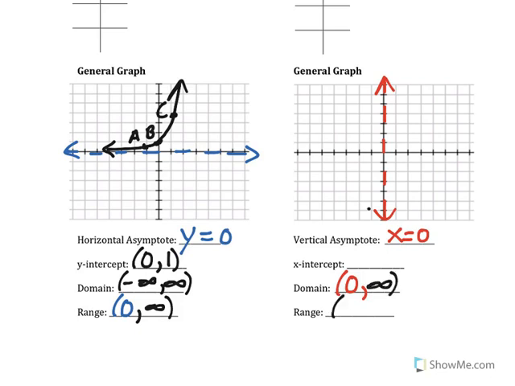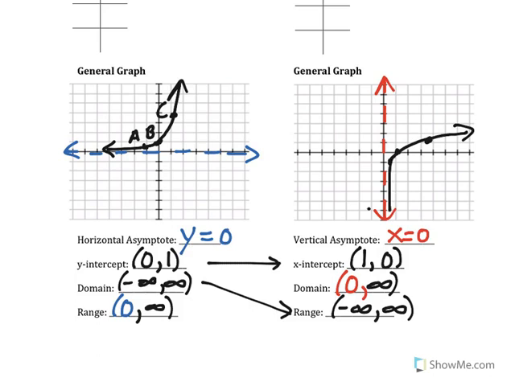Since everything switches, the domain is going to become the range and be negative infinity to infinity. And then the x-intercept is going to switch over and become 1, 0, whereas before the y-intercept was 0, 1. Again, I'm going to put these points in kind of arbitrary spots here. When we actually have an a value, it'll be a little easier to show and label those points.